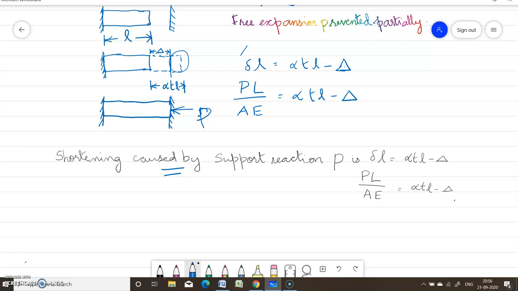So the contraction, the reduction in length delta L, is equal to alpha into T into L minus delta, and this contraction is produced due to the force of the support reaction. So we can write PL by AE equal to delta L, which is equal to alpha into T into L minus delta. So we have studied what temperature stress is and how it is developed if we are fully preventing and partially preventing the expansion. Okay, thank you.